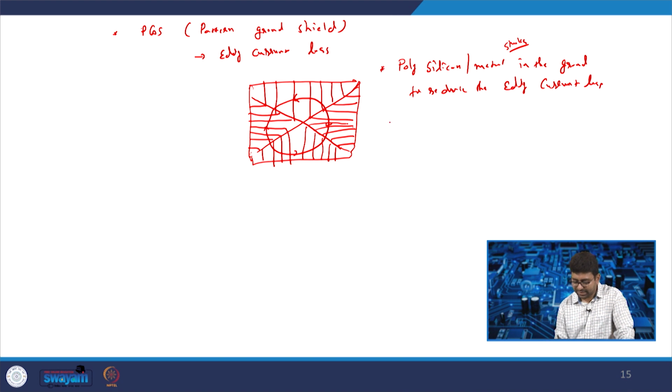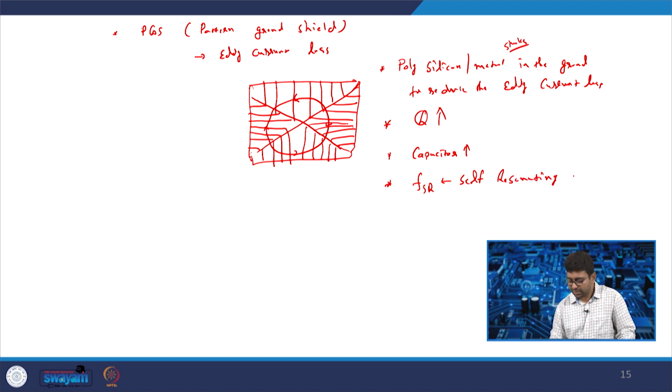Its advantage is that it will improve the quality factor Q of the inductor, but due to shielding like this, it will increase the capacitance, and due to the increase in capacitance, your FSR, the self resonant frequency, will reduce.